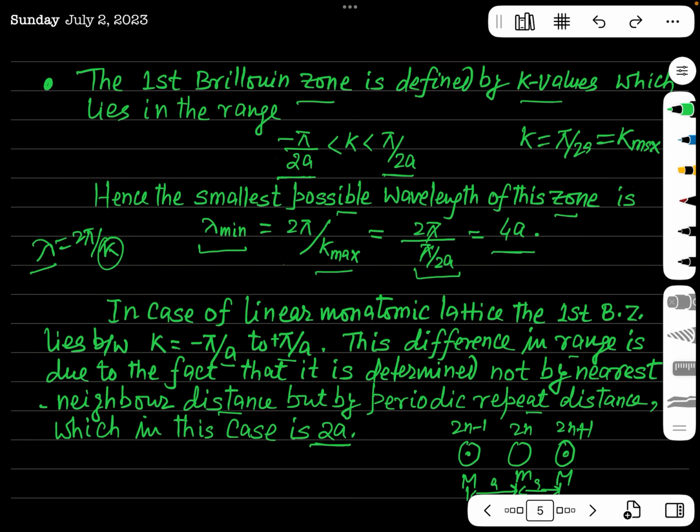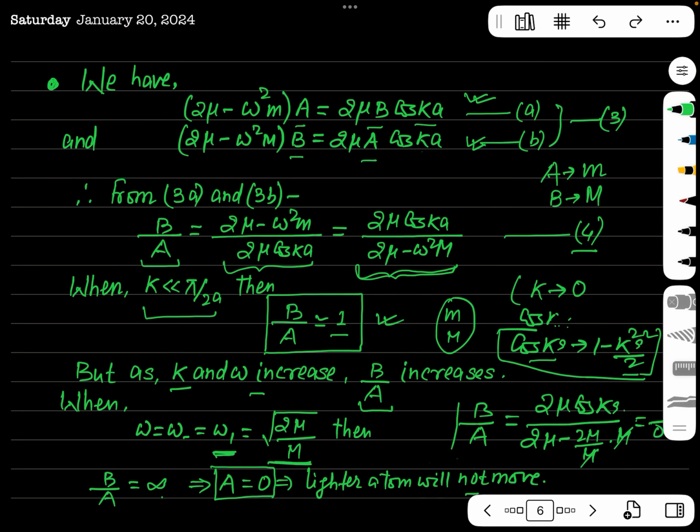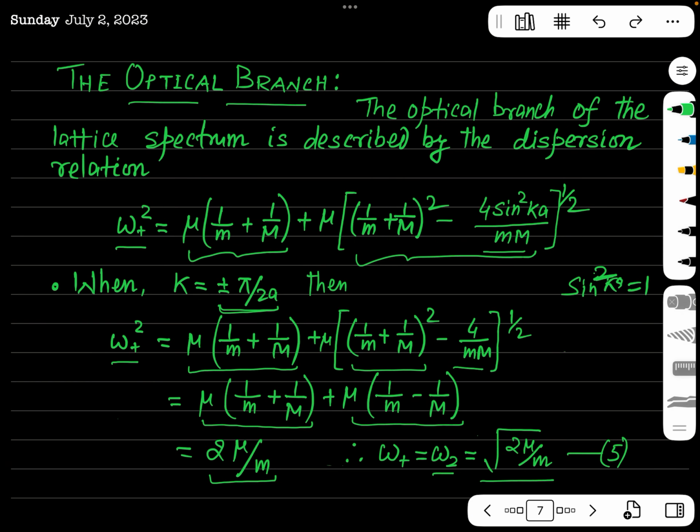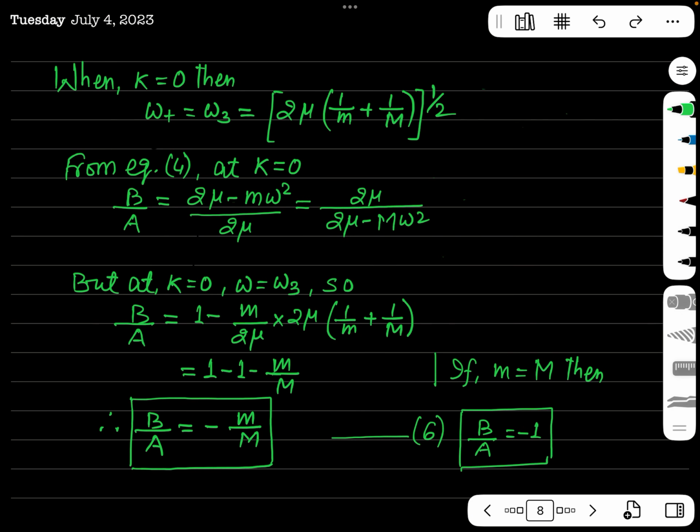Let us see now. Again, in this case, when k is equal to 0, what will be omega plus?